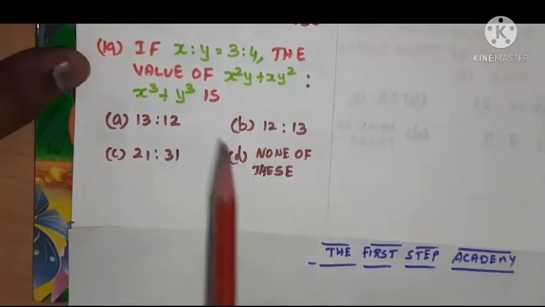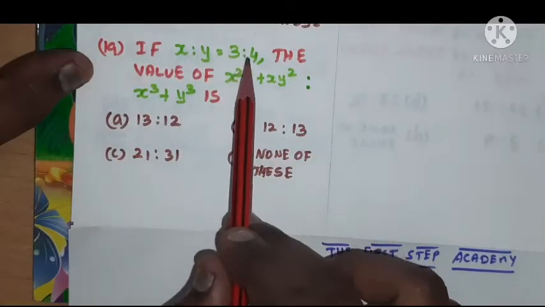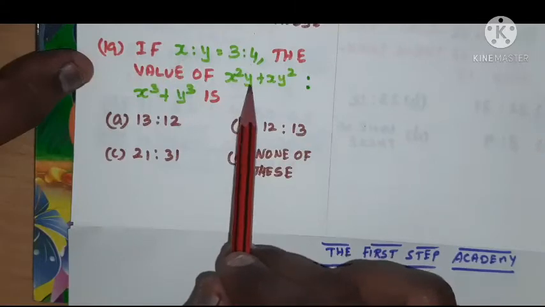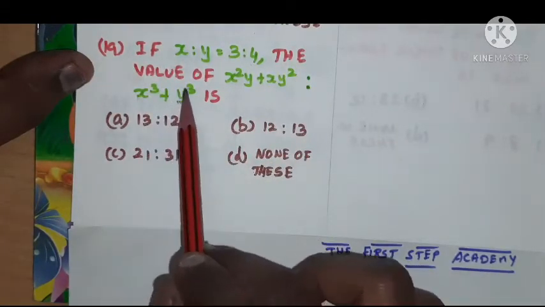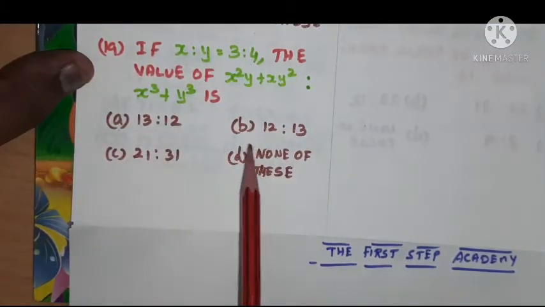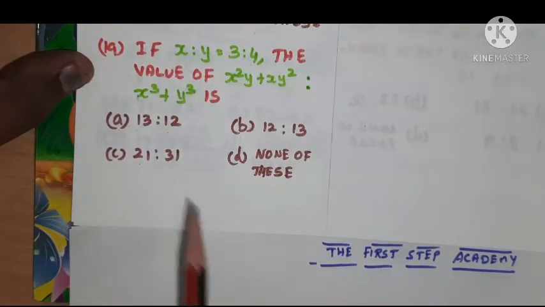The next question is, if x is to y is equal to 3 is to 4, the value of x squared into y plus x into y squared is to x cube plus y cube is. Given options are option A 13 is to 12, option B 12 is to 13, option C 21 is to 31, option D none of these.